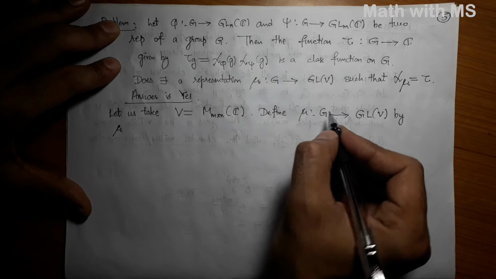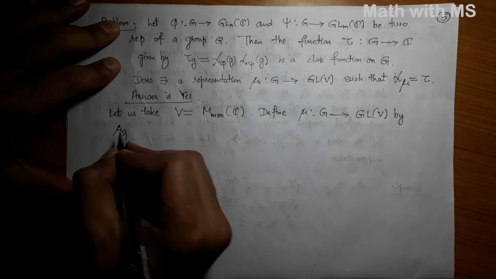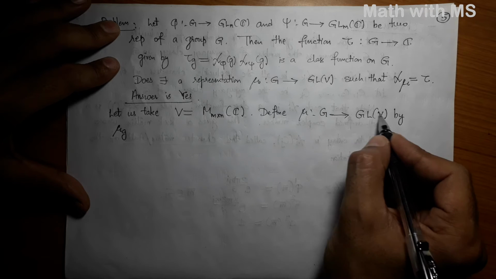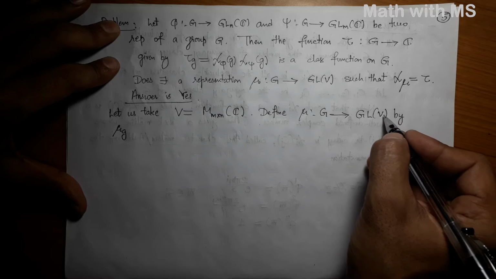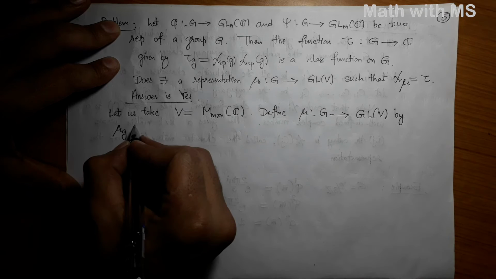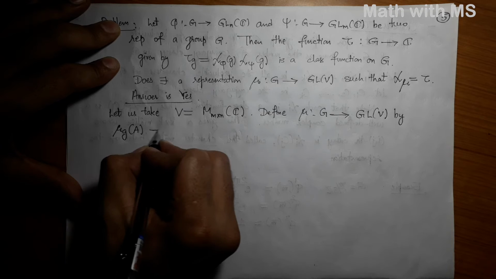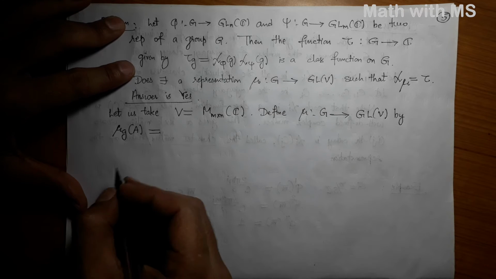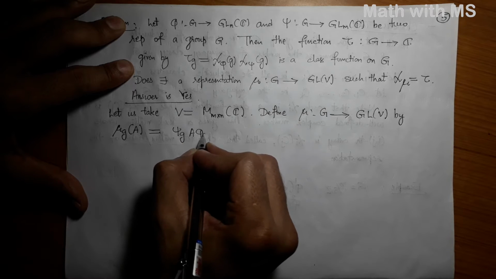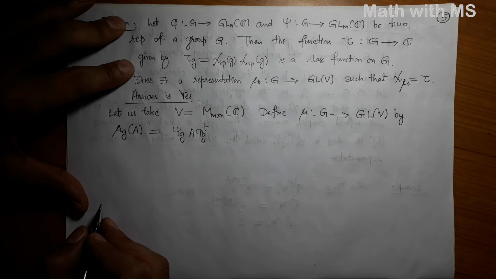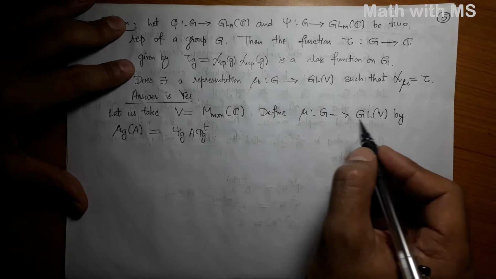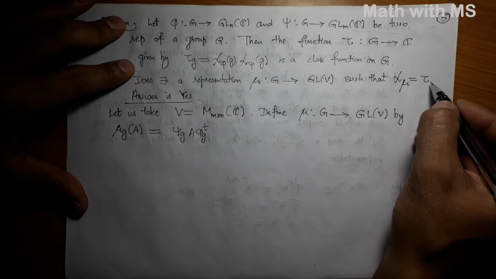It should be an automorphism of this vector space, so it has to act on vectors of V, but vectors of V are m by n matrices. So mu(g) will act on an m by n matrix A, and it has to map it to another m by n matrix, and the choice here is to define it to be psi(g) A phi(g) transpose. My claim is that this mu is in fact a representation of the group G, and its character is precisely the class preserving function tau.